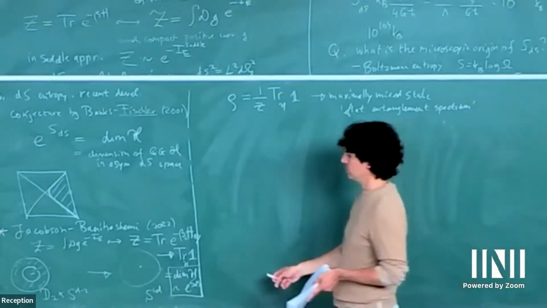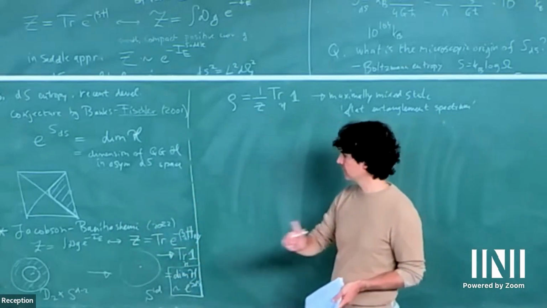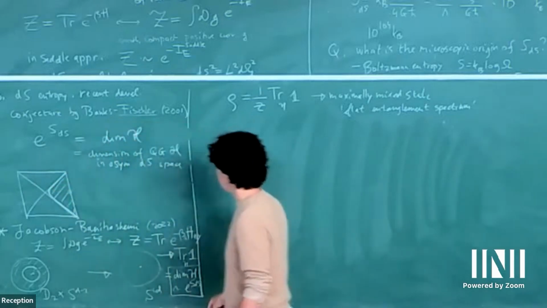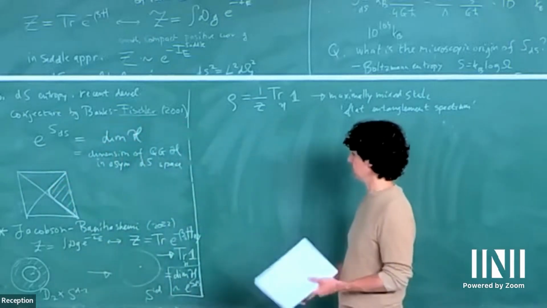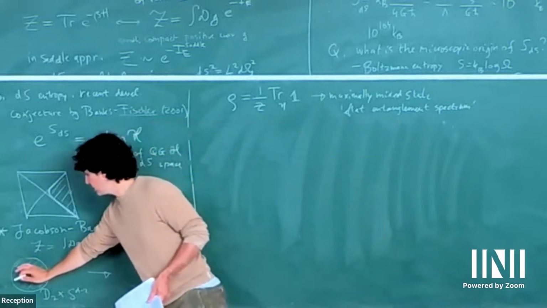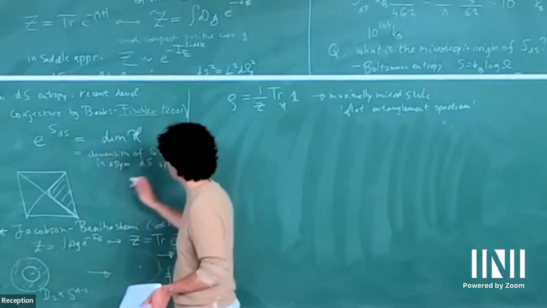Okay, so let me now come back to this stretched horizon, because in that case you can also recover this. Here I took the boundary to zero size, but what happens if I take the limit to the horizon?